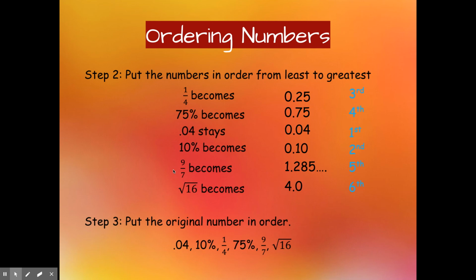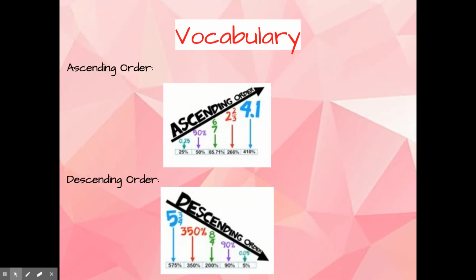That's important because on a test, when they ask you to order these numbers, your answer choices will always have this original form. Remember, if it's a decimal, we didn't change anything there, so when we rewrite it, obviously we're going to keep that decimal because that's how it was originally given to us.